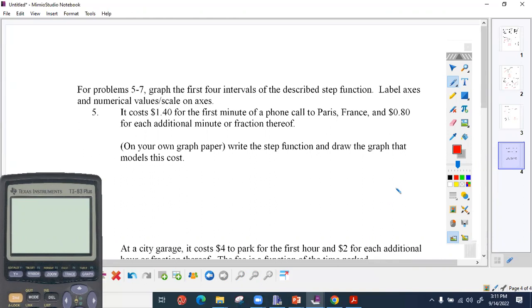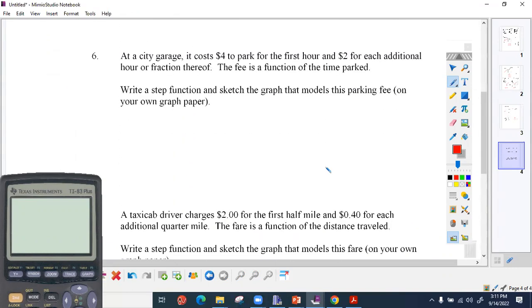It says here it costs $1.40 for the first minute of a phone call to Paris. And then it's going to be 80 cents for each additional minute or a fraction thereof, right? So as soon as I go past a minute, I now have to pay 80 cents, right? Then I go past another minute, I got to pay another 80 cents, another minute, another 80 cents, right? So you're following that. Now 6 and 7.